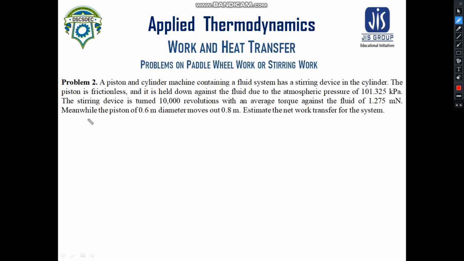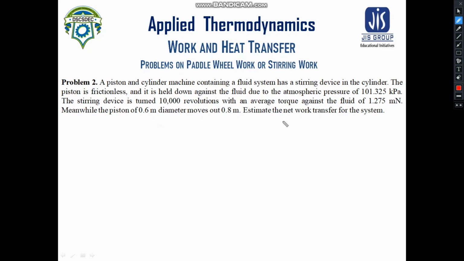Thermal energy is generated which helps the fluid to expand. Since the fluid is trying to expand itself, it obviously pressurizes the piston and the piston moves in the upward direction. Here the distance in which the piston moves is given as 0.8 meter.